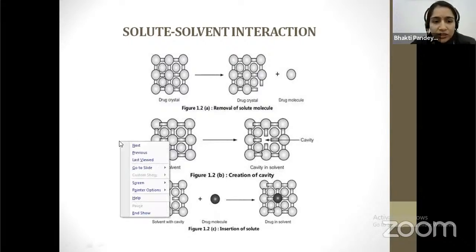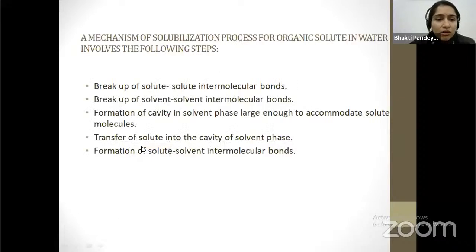By this we can say the interaction of solute and solvent. Then comes the mechanism of the solubilization process of an organic solute in water, which involves the following steps, the same as I explained before. First, the breakup of solute intermolecular bonds, such as van der Waals forces or ionic bonds.